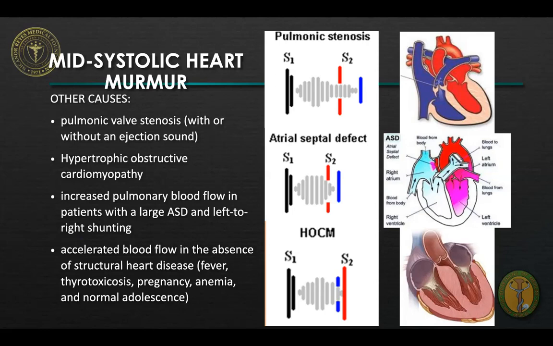Please listen to the next two slides. First is pulmonic stenosis, followed by Hockham murmur.